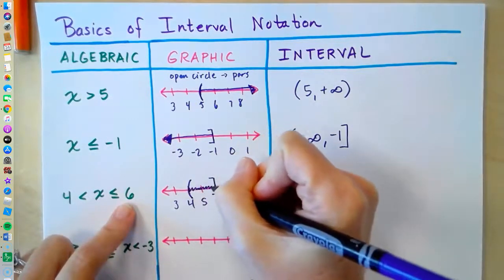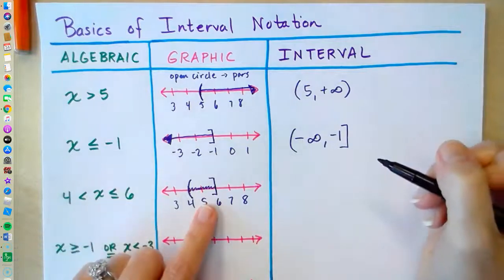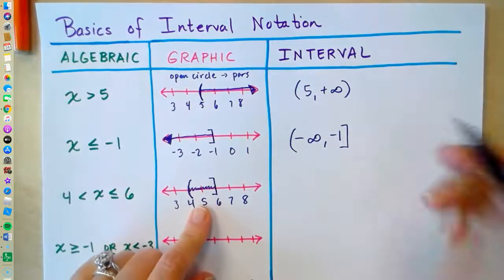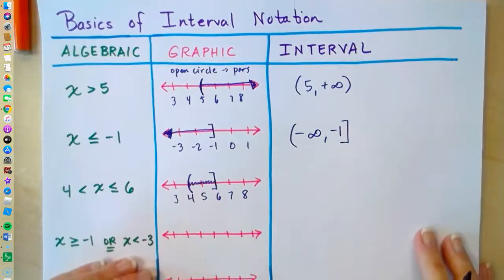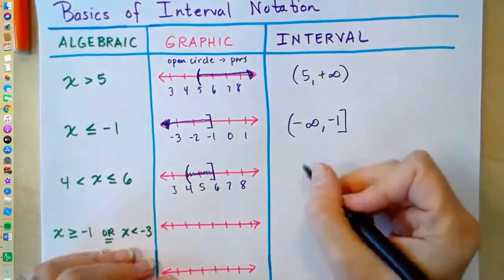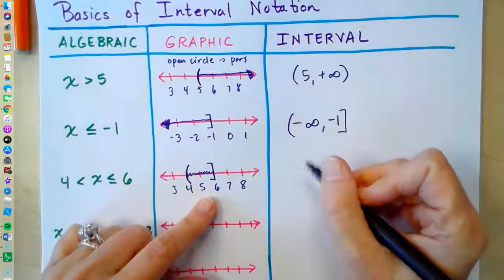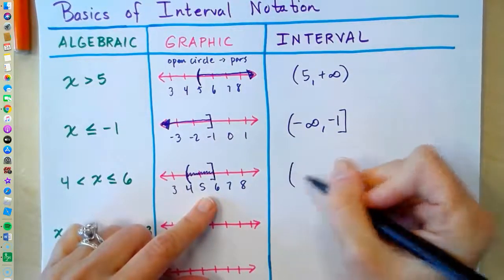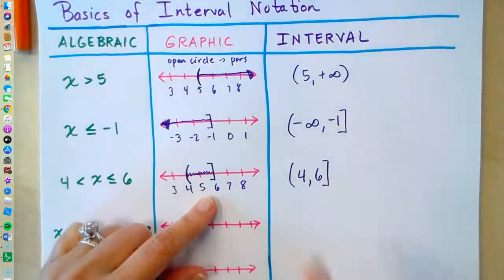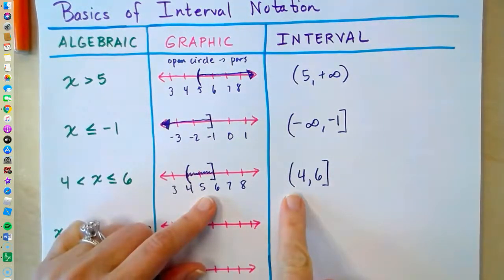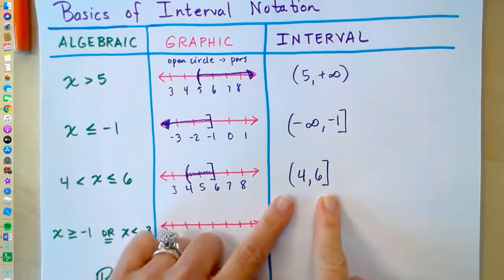And then every number in between. It's still an infinite set because there are infinitely many real numbers that exist between 4 and 6 inclusive. So this graphic notation can go straight to interval notation. So parenthesis 4, 6 bracket. So not including the 4, do include the 6. Bracket is inclusive, parenthesis is not.